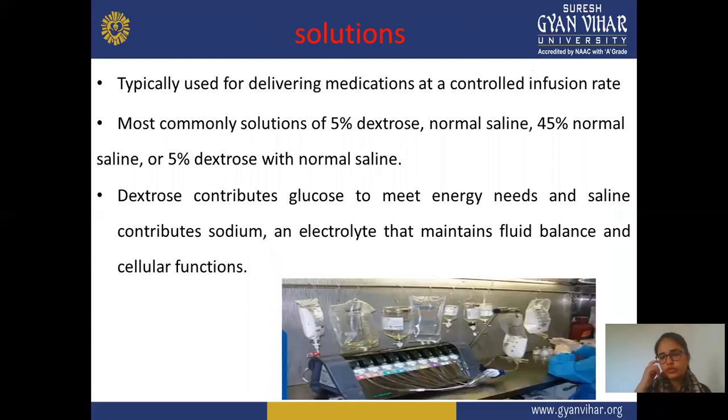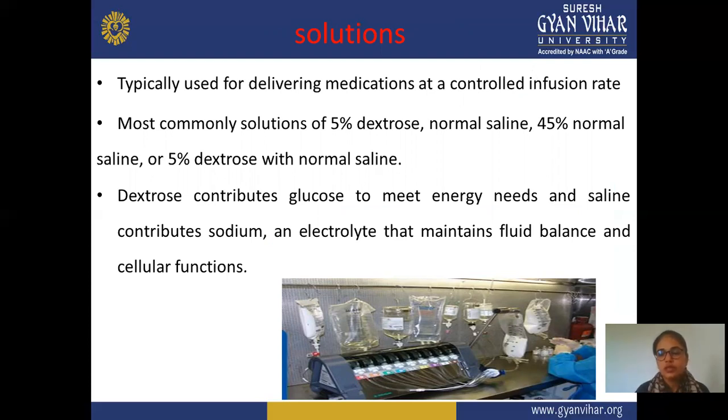First is a solution. You know that a solution is in liquid form, and you should know its uses. It has multiple uses for small volume parenteral, and solutions are typically used for delivering the medicament at a controlled infusion rate.